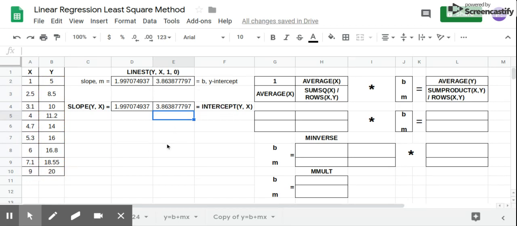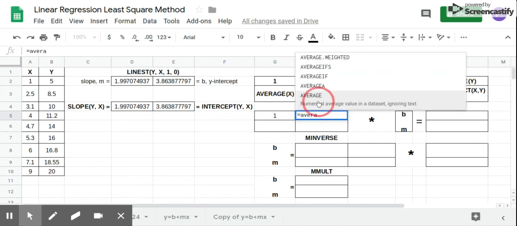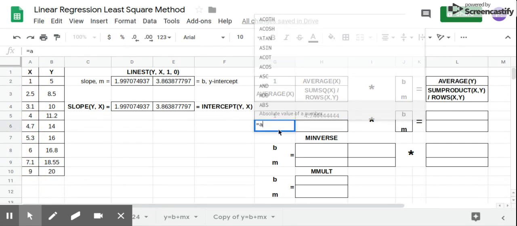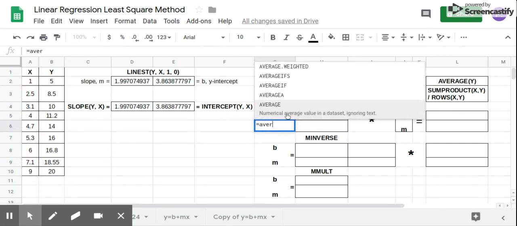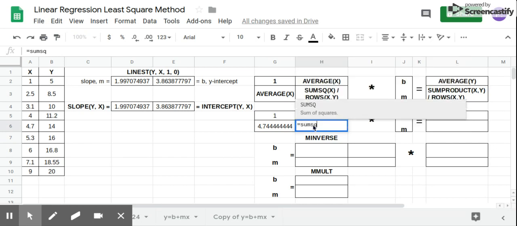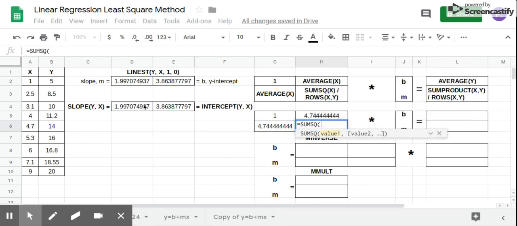We can also use the matrix operation by populating this matrix equation. Begin with 1, average of x, and its average of x, and sum square of x.